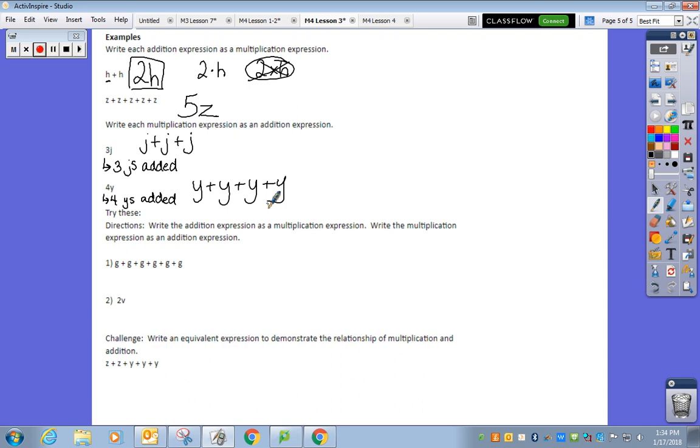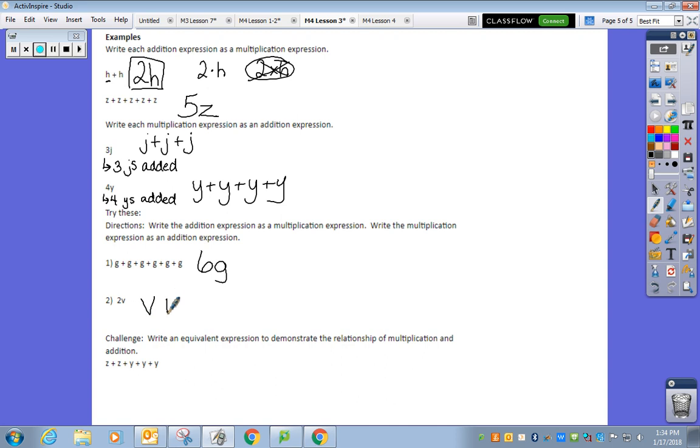So in the try these, we're writing the addition expression as a multiplication expression, and then writing the multiplication expression as an addition expression. So with repeated addition, I'm going to count how many there are. 1, 2, 3, 4, 5, 6. And the letter that's being repeated is g. So 6 times g, or 6g. 2v means that I'm repeatedly adding the letter v 2 times.